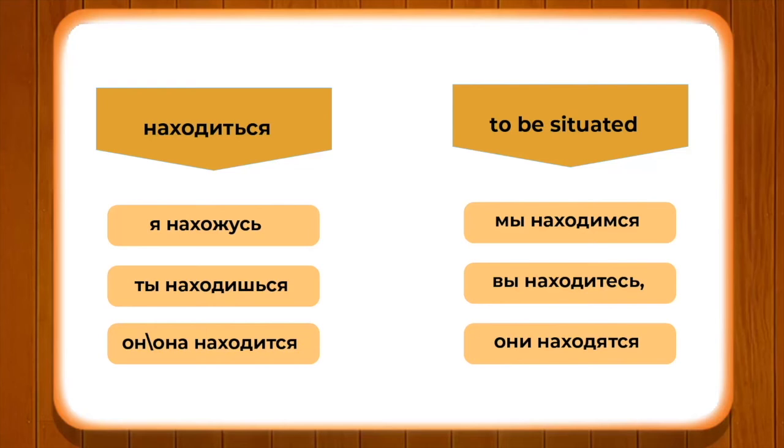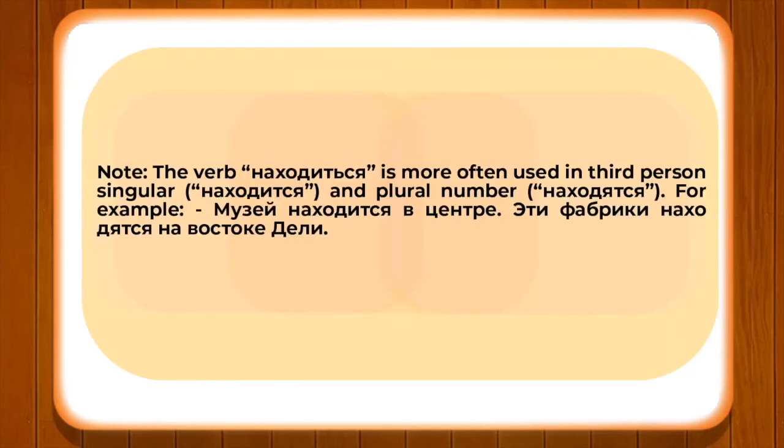Okay, now let's go ahead and pay attention to that находится is more often used in third person singular and plural number находятся. For example, музей находится в центре. Whereas эти фабрики находятся на востоке Дели. Восток means east. East. So these factories are situated or located in the east of Delhi.